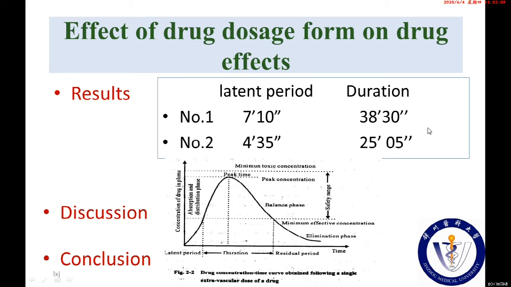This is the duration of its action caused by mucilage on mouse number 1. For mouse number 2, the latent period is about 4 minutes 35 seconds, and the duration of this action is about 25 minutes 5 seconds.